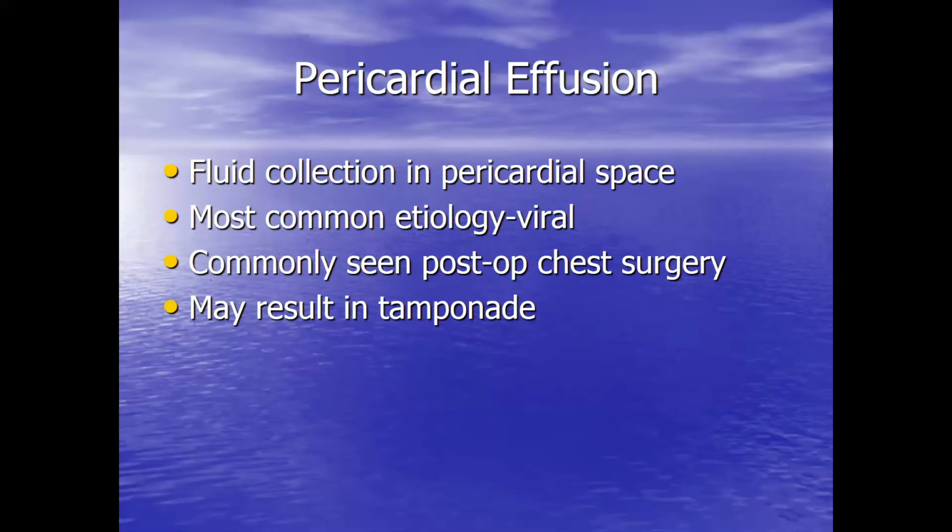Pericardial effusion is commonly seen inside the hospital setting, especially in a post-operative program. You could also see it in the community secondary to viral syndromes. And if it accumulates quickly, it can result in tamponade.